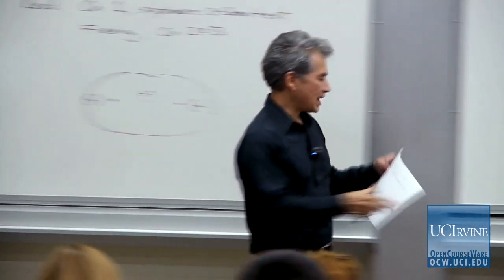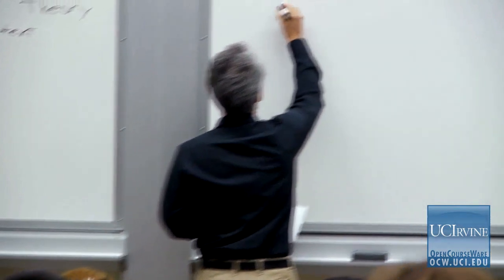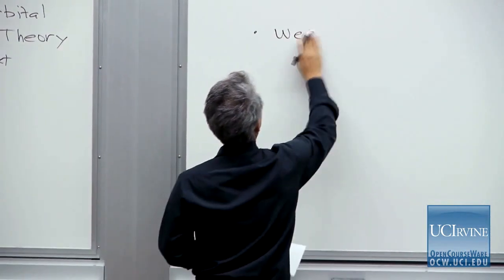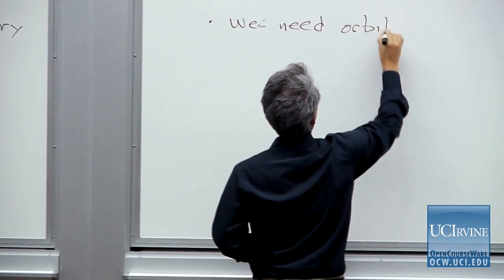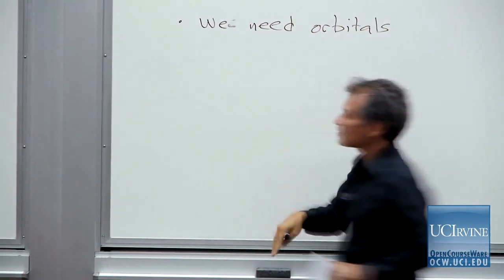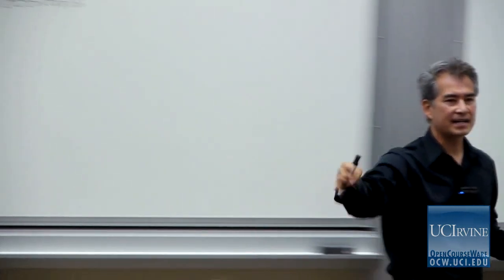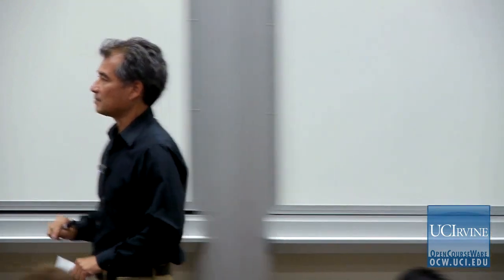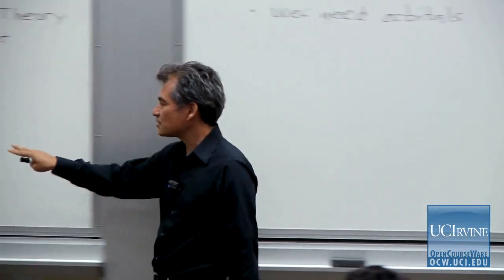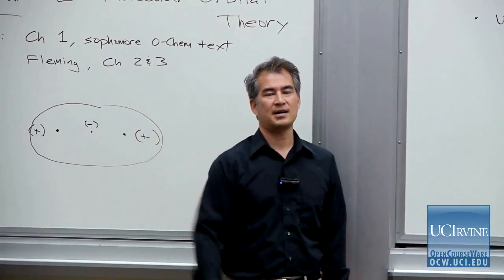So we have 2 simple outcomes to that. One is we need orbitals. We need some sort of mathematical description of the probability of finding an electron smeared all over the place around those 2 hydrogen atom nuclei. So there's a second problem here. Whenever we put electrons into orbitals, we put them in 2 at a time.